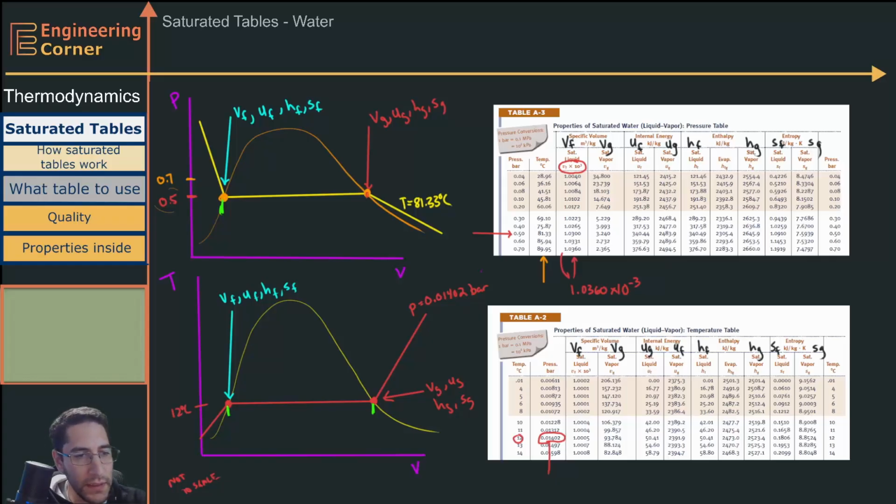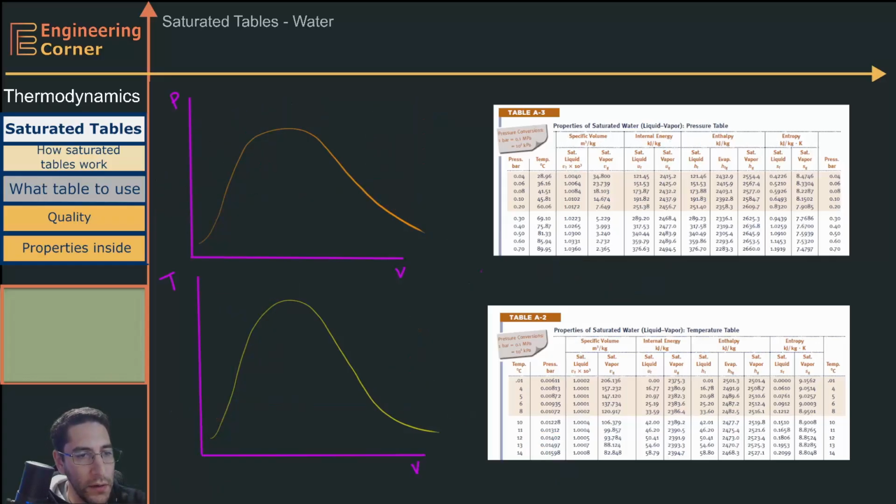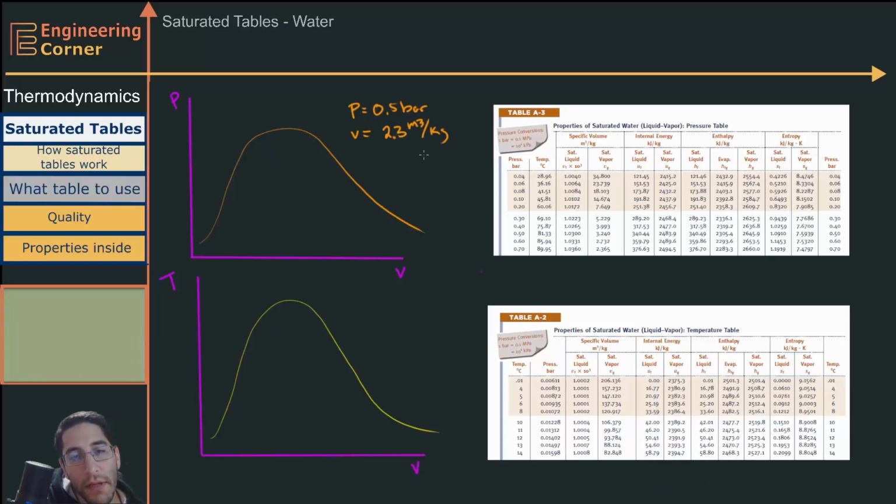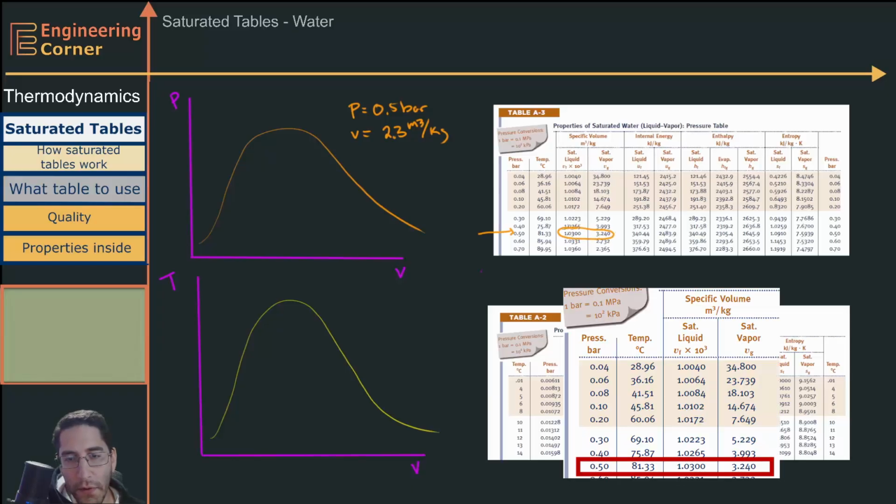Well, realistically, a lot of the times you are going to be given something like, okay, at some pressure, say 0.5 bar, my volume is going to be equal to 2.3 meters cubed per kilogram. So what you would do, you go to your table, 0.5 bar, and I'm going to look at these two numbers.